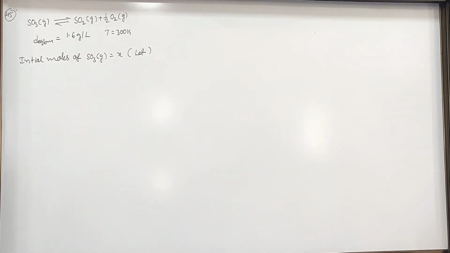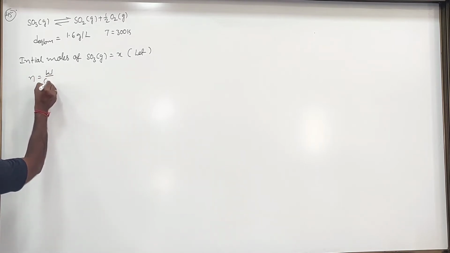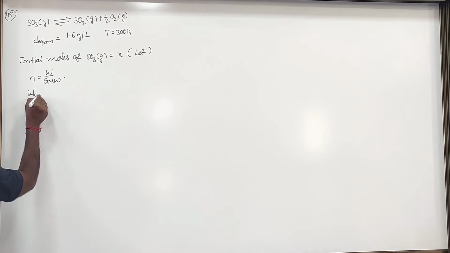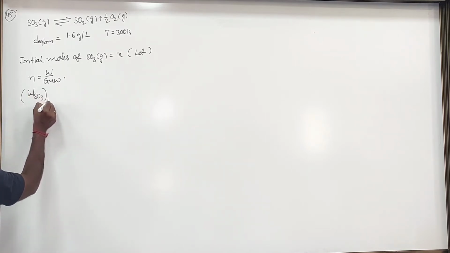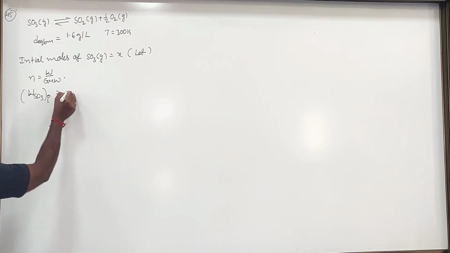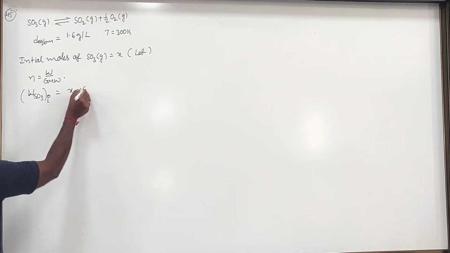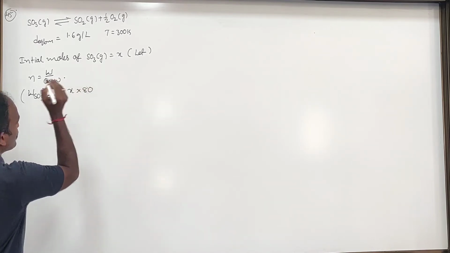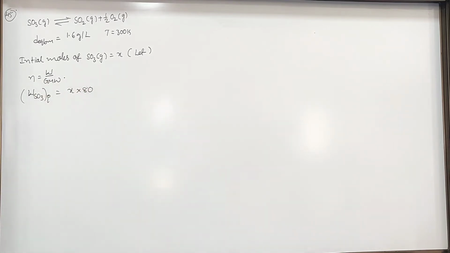As we know, the number of moles is weight divided by gram molecular weight. Similarly, the initial weight of SO3 is the number of moles, X, times the gram molecular weight, which is 80. SO2 is 64, SO3 is 80.